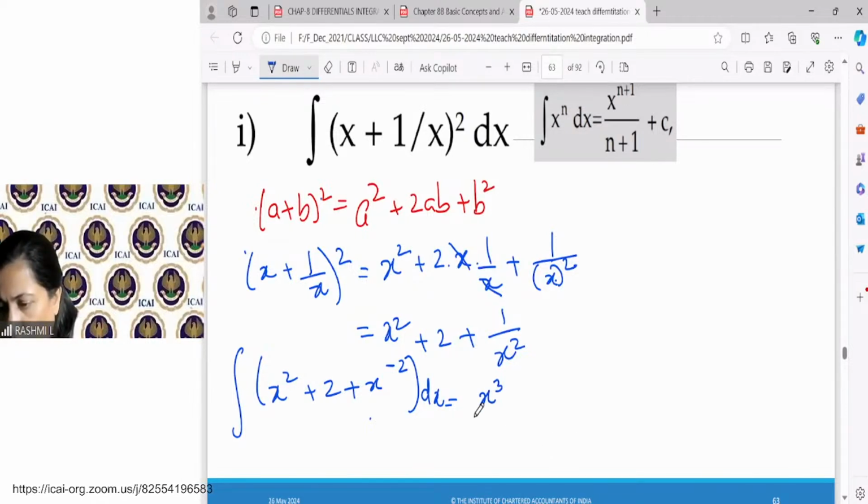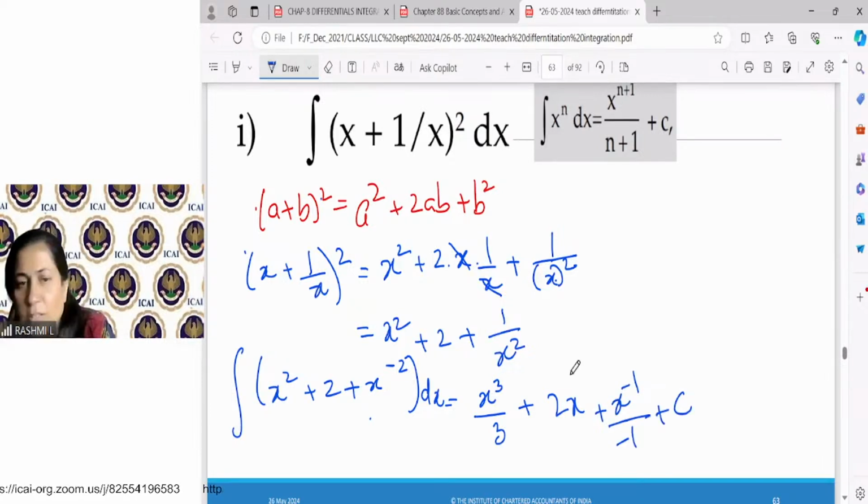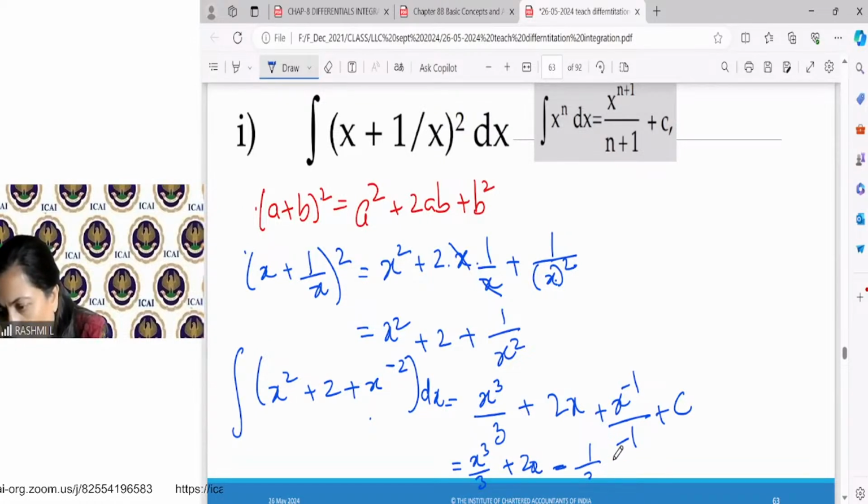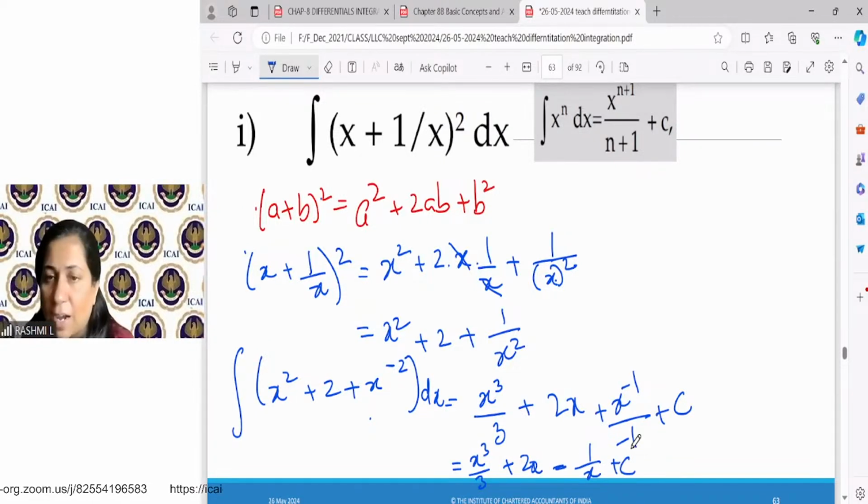It will be x raised to 3 upon 3. The integral of 2 will be 2x. And this will be plus x raised to minus 1 upon minus 1 plus c. So this will be the answer: x cube upon 3 plus 2x, and x raised to minus 1 will be 1 upon x, so minus 1 upon x plus c. You may have it in either form.